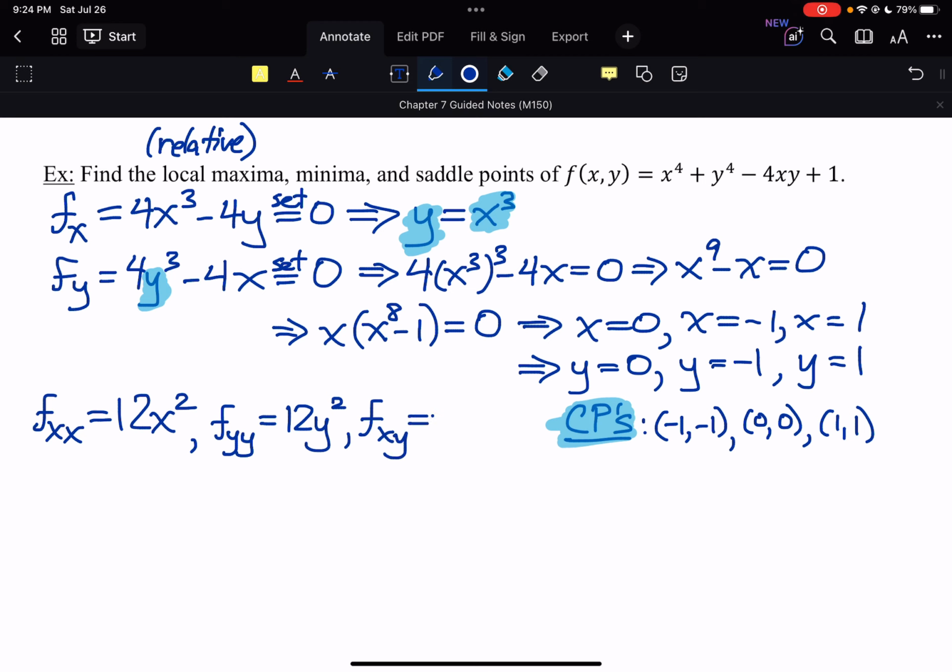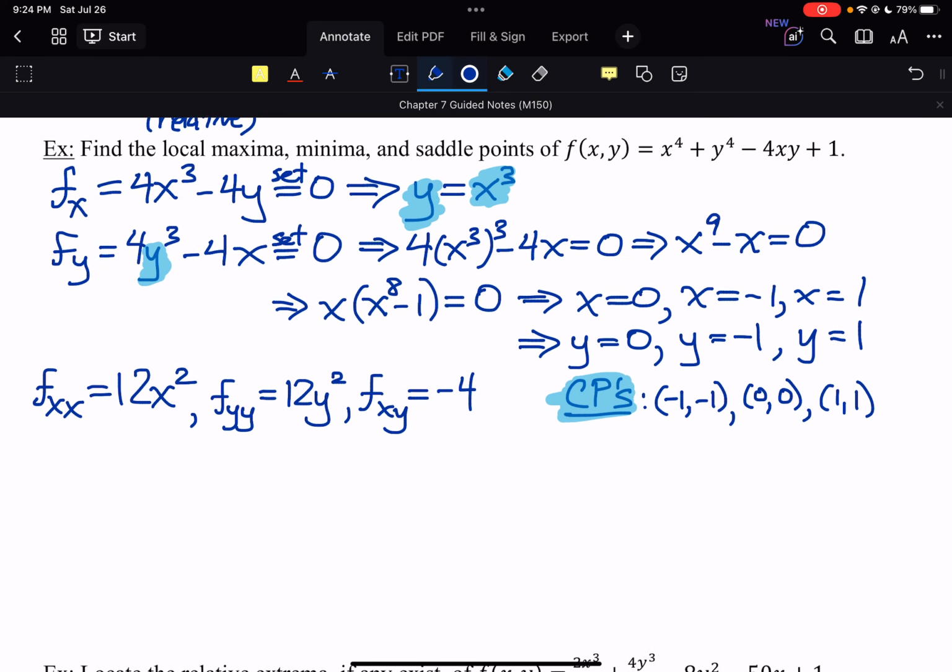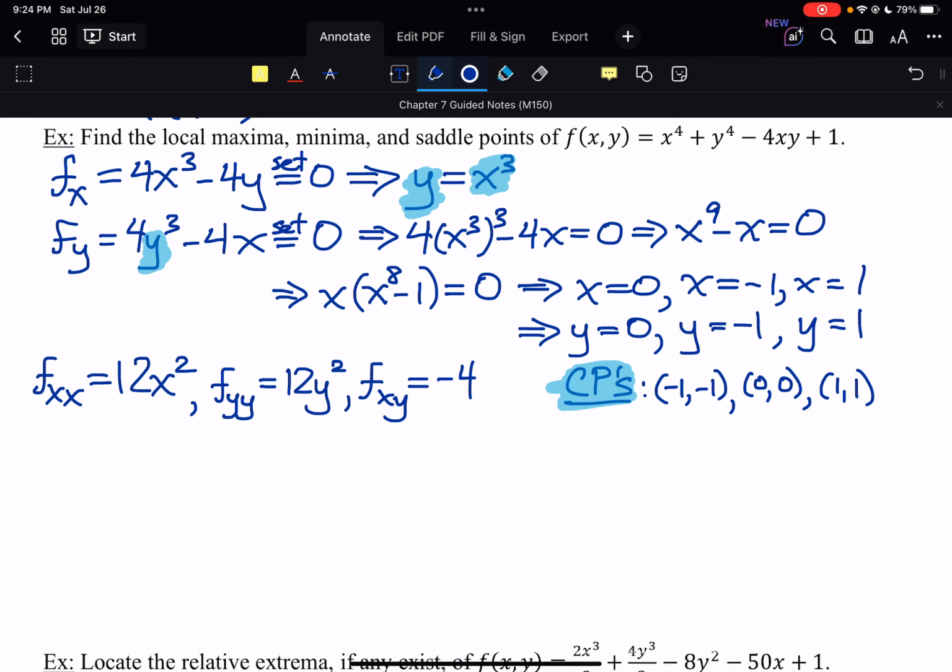And fxy is just negative 4. And then D of xy is fxx times fyy minus fxy squared.